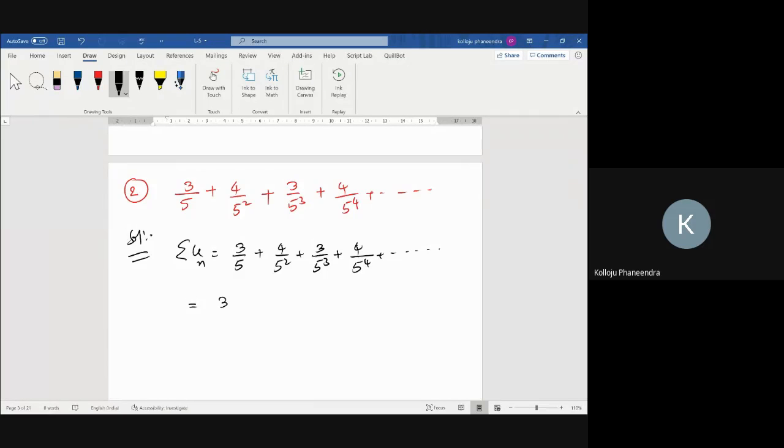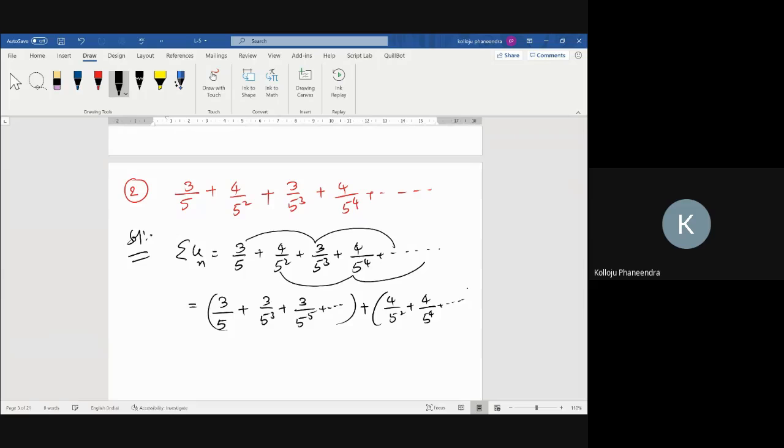So I am considering the series as the odd terms together: 3 by 5, 3 by 5 cube, 3 by 5 power 5 and so on, plus the next terms, that is 4 by 5 square plus 4 by 5 power 4 and so on.